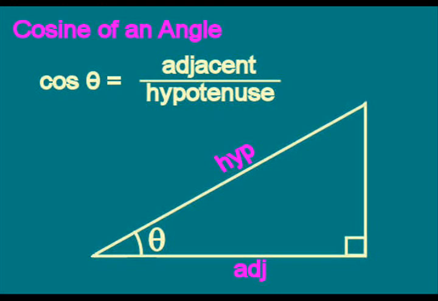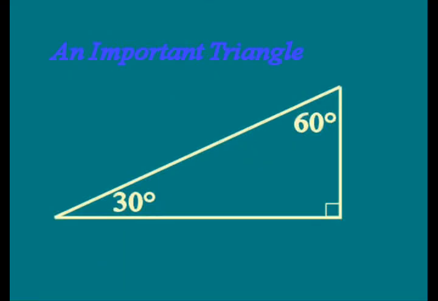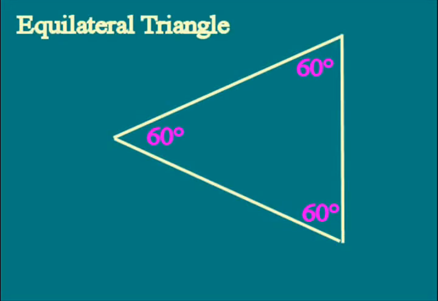We will use two important triangles as examples. First, the 30, 60, 90 degree one. Let's figure out the sides of such a triangle. A clever way is to cut an equilateral triangle in half with a perpendicular bisector.